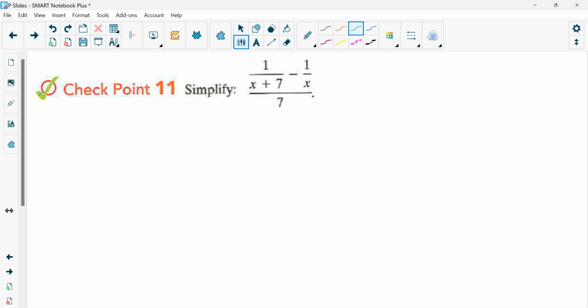So what I would do is I would think about this as 7 over 1. And we still need a common denominator along our top. So this first denominator is x plus 7. The second denominator is x. So what's our common denominator going to be?